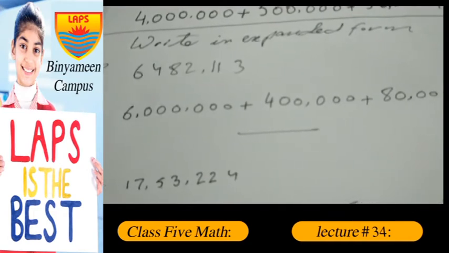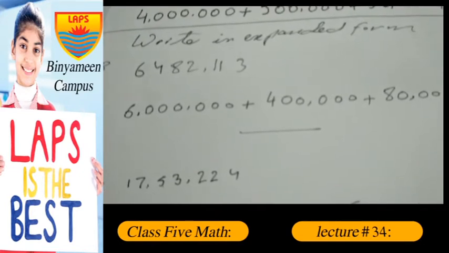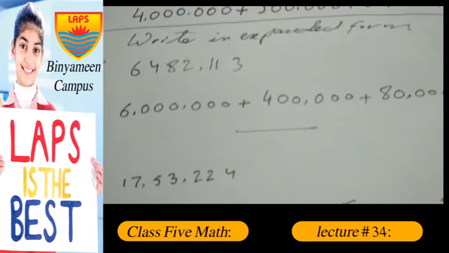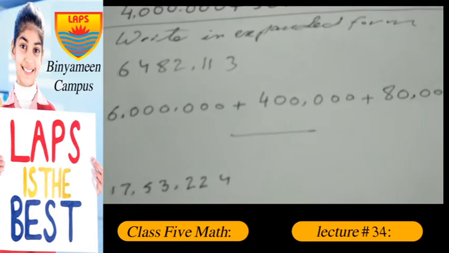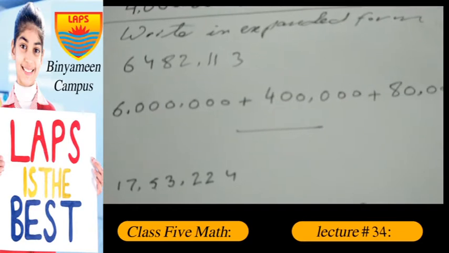First write 6, then write 60, because after 6 there are 6 digits.